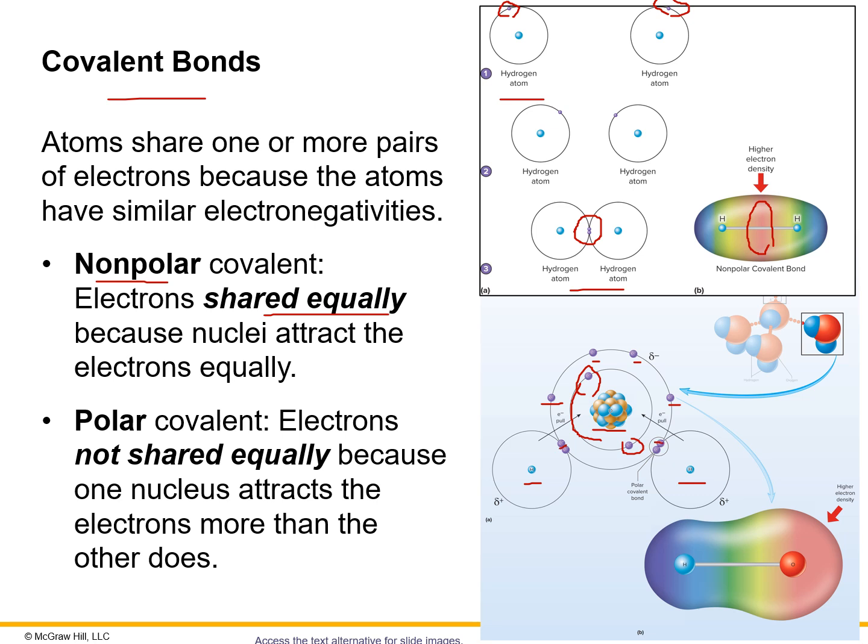So instead of, again, completely taking 2 from somebody else, what happens is this hydrogen is going to share one of its electrons with one of the electrons in oxygen. And then we get another hydrogen. It's going to share one of its electrons with one of the oxygen ones. Now let me get rid of some of this.